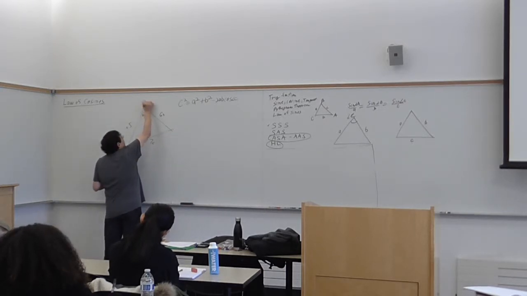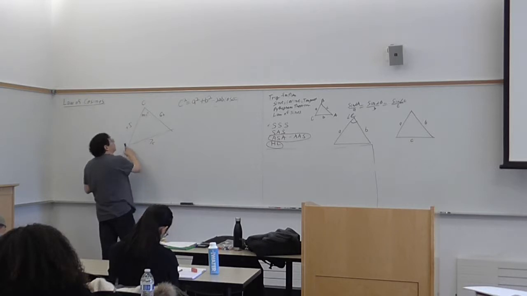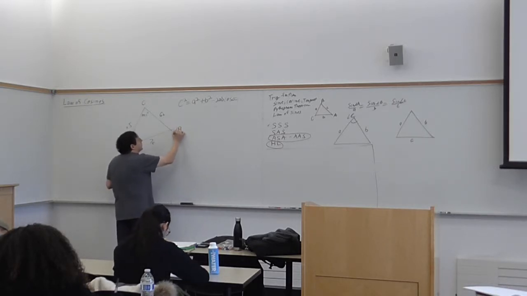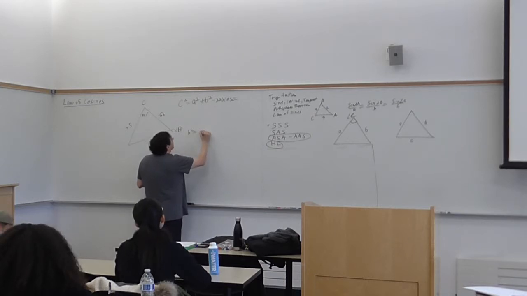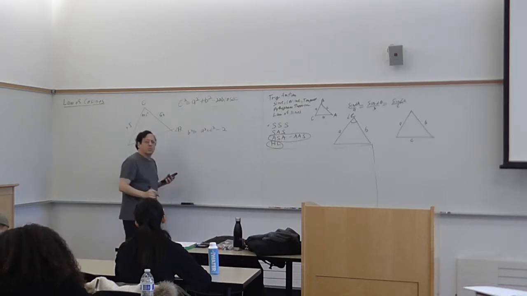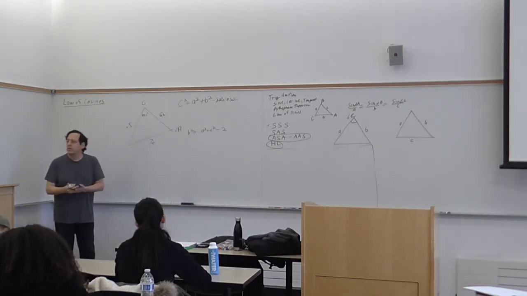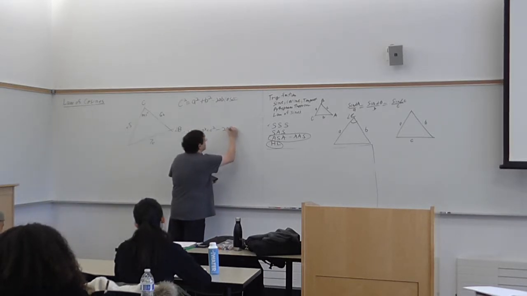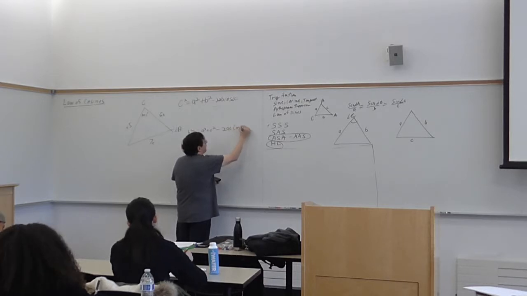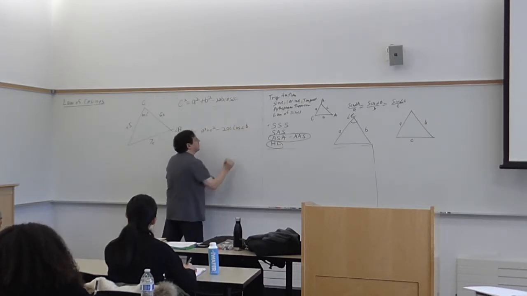We call this angle C, so let's go for angle B. So b squared, use lowercase here, b squared equals a squared plus c squared minus 2, what? There's a simple pattern here you should be thinking about. ac cosine of angle B.